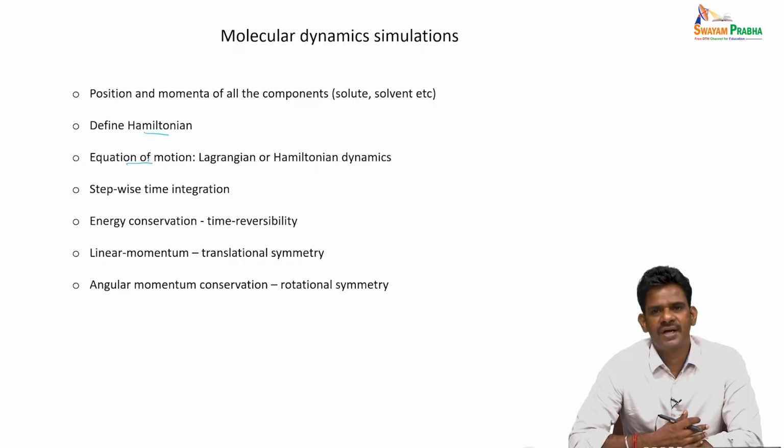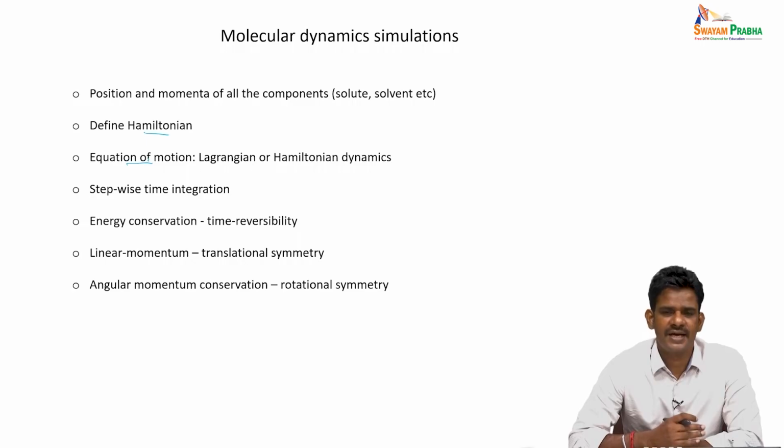Now, we also have to recognize that the equations of motion that we have in the system have certain properties. For instance, the total energy of the system is conserved, and this basically implies that the system is time reversible, and the linear momentum also is conserved as per the equation of motion.